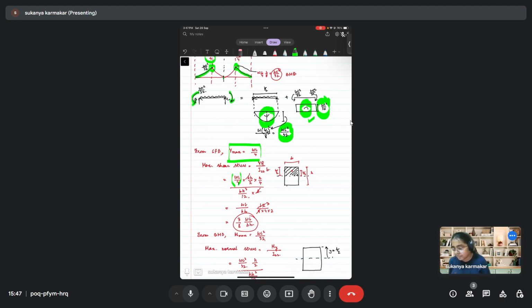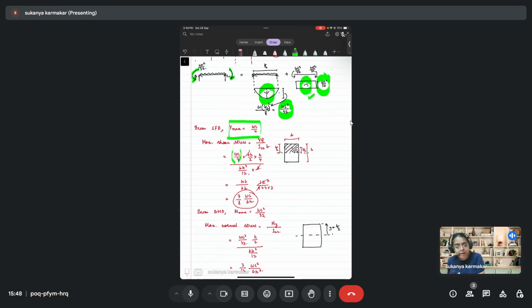Q is, so where is the maximum shear stress? It is at the neutral axis, and the neutral axis is passing through the centroid in this case. So here, Q is the first moment of area of the shaded portion, that is between the neutral axis and the topmost surface of the cross section.